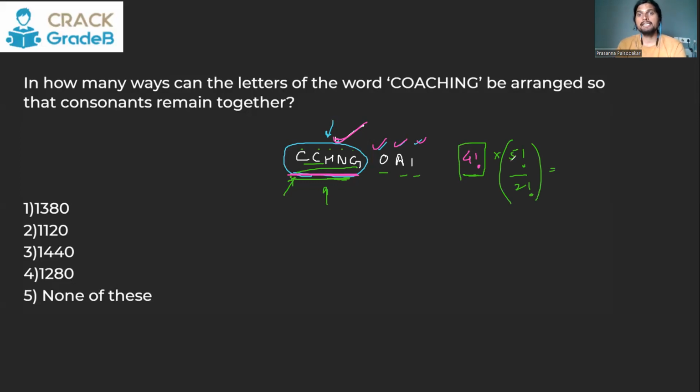So if you again see, the answer has to be a multiple of 3. This is not a multiple of 3. This is also not a multiple of 3. It is not a multiple of 7. This number is a multiple of 7. No, this is not.